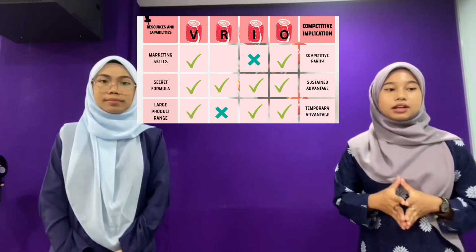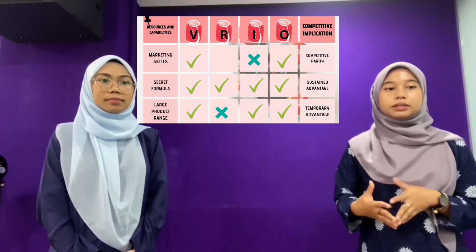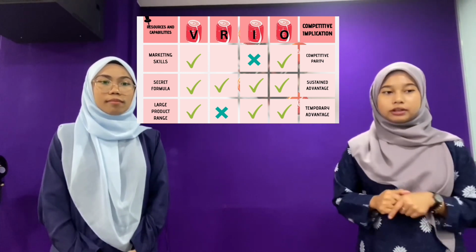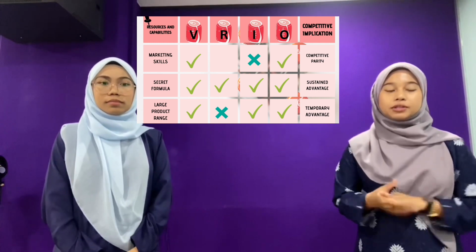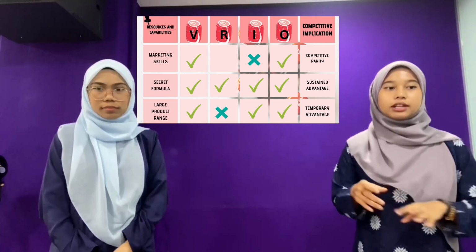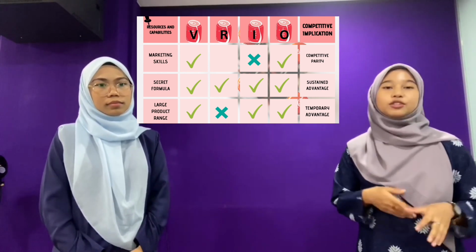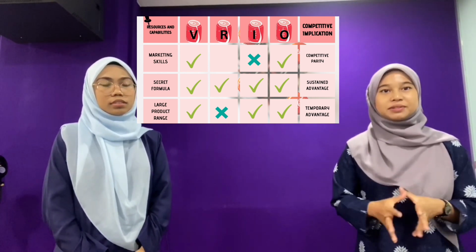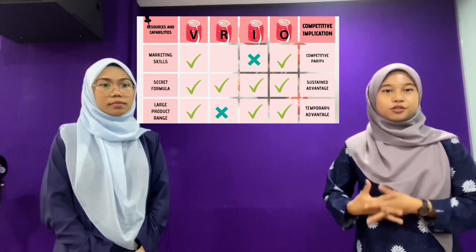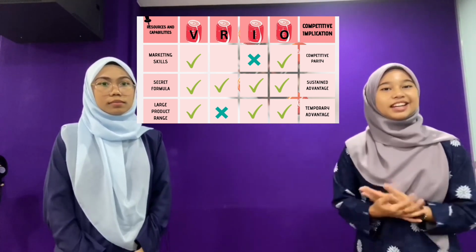And lastly is the large product range. The competitive implication is temporary advantage, because among these four analyses, only rare is not met, because it's not rare, as Pepsi and Dr Pepper Snapple can also get the resources.